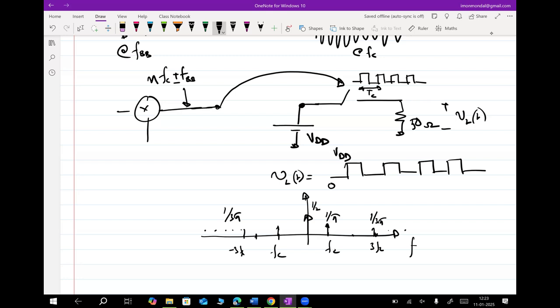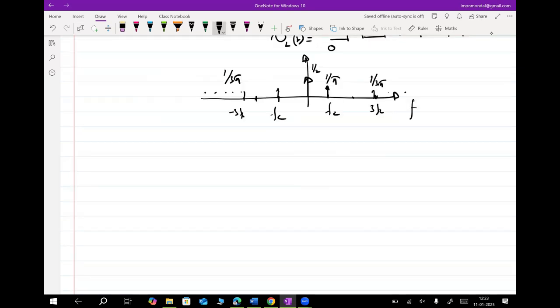But this requires an additional set of filters at the output. You cannot simply do this. You'll have to say that this is VDD.